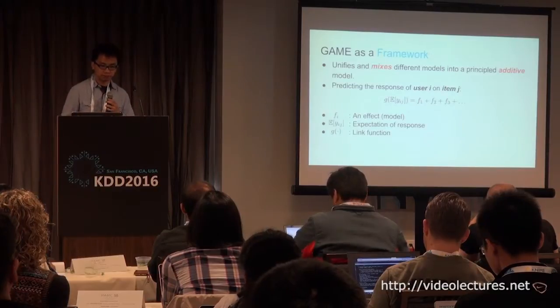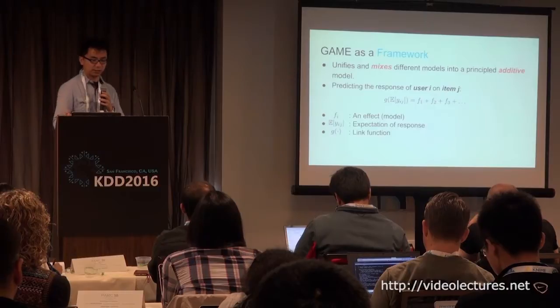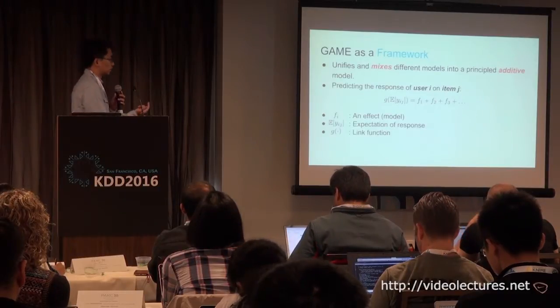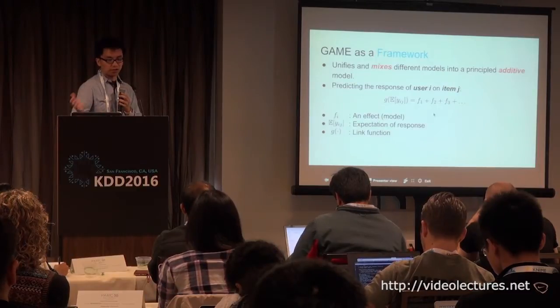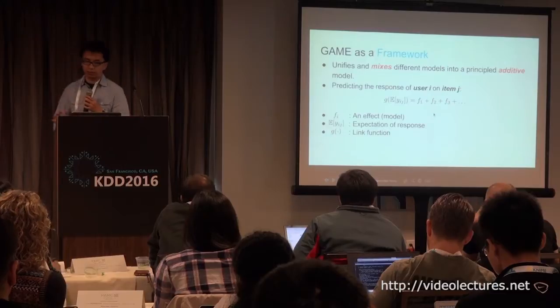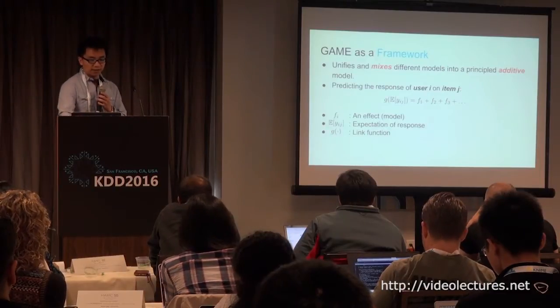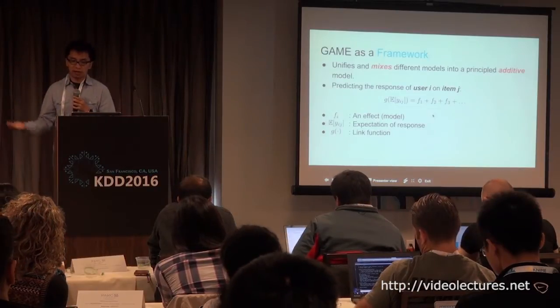In general, GAME is a framework that unifies and mixes different models into a principled additive model. Here is a simple equation. Maybe it is too abstract, and later we will provide more concrete details. The task is still to predict the response of user i on item j.